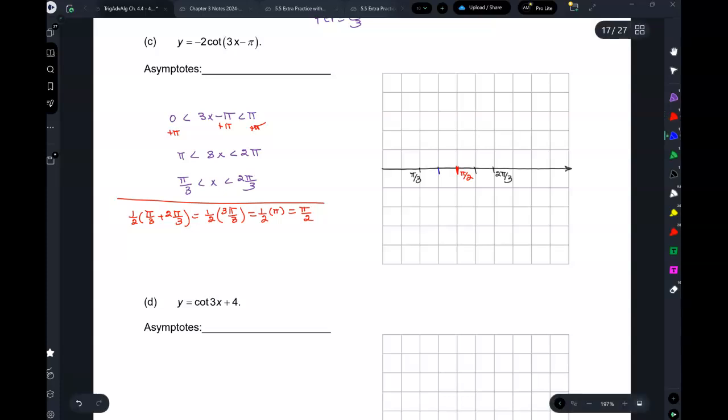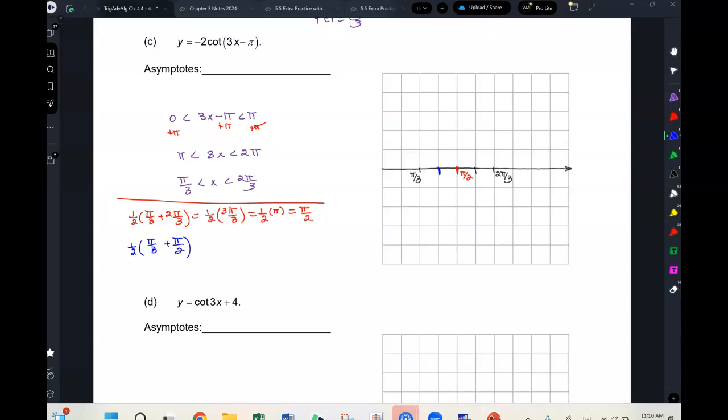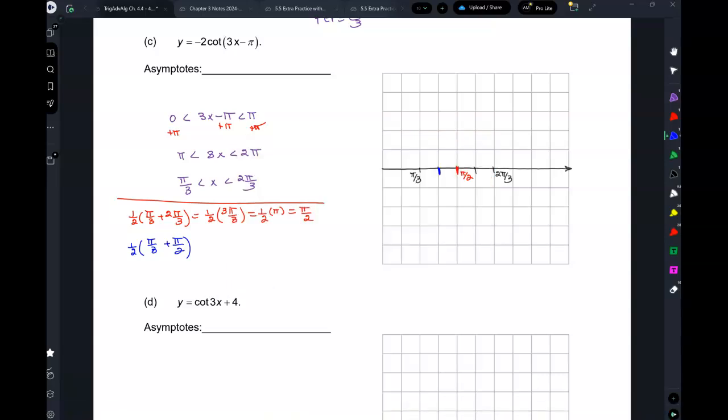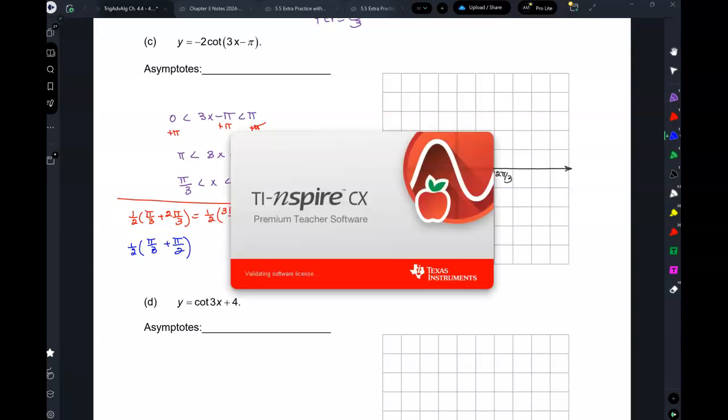Now, why don't you take out your calculators? Let's do the rest with the calculator, right? But write it down correctly first. Half of pi over 3 plus pi over 2. And then you're going to plug it in without the pi's.